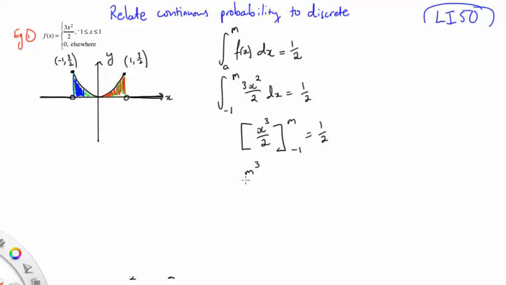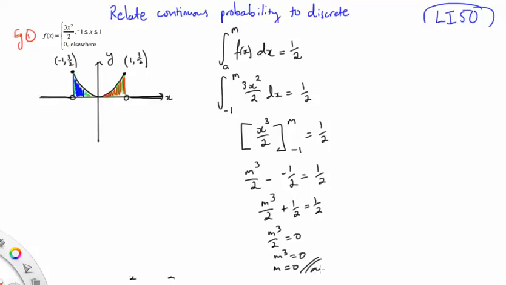So we get m cubed on 2 minus -1/2 equals a half. So we get m cubed on 2 plus a half equals a half. m cubed on 2 equals 0, and that means m cubed equals 0, and of course our median is 0.